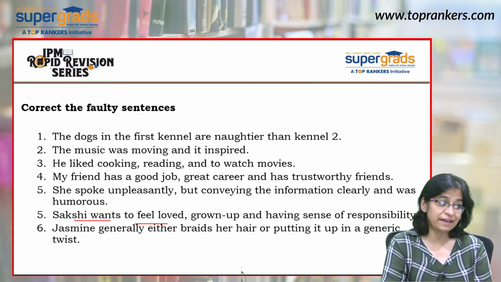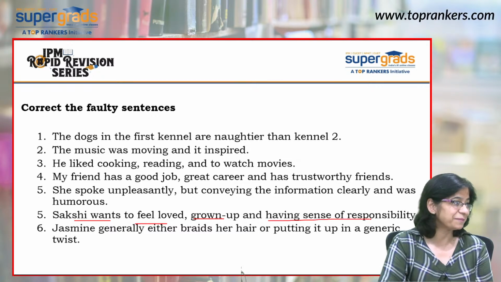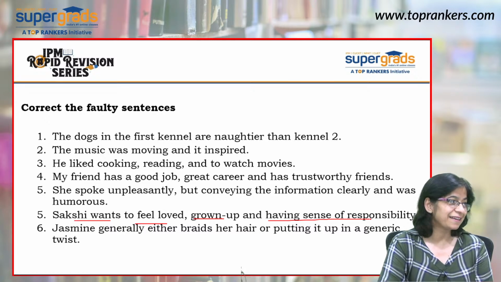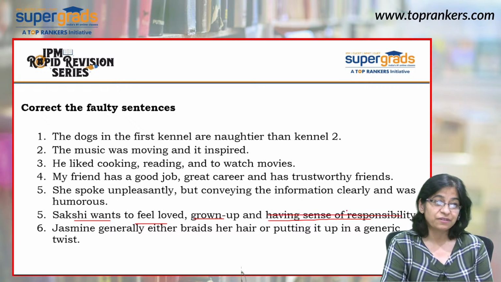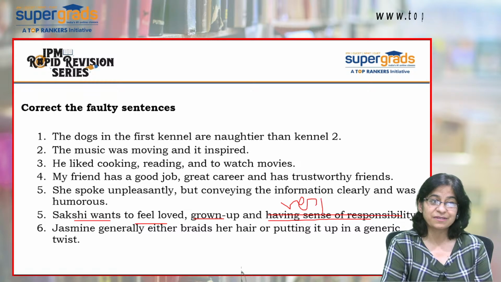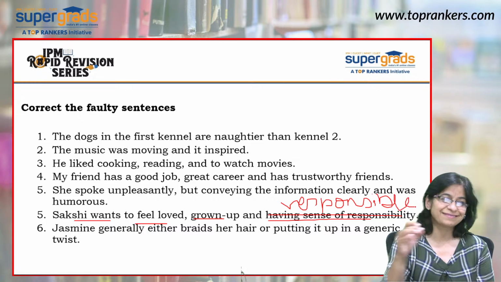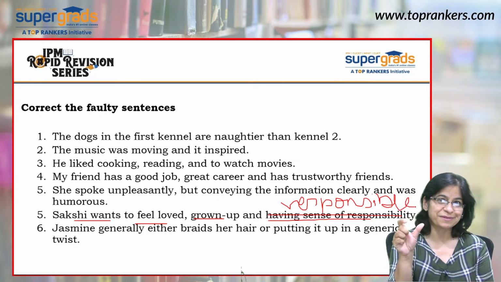She wants to feel loved, grown up, have sense of responsibility. What structure do you think we need here? Don't you think we need another adjective here? See, this one would be she wants to feel loved, grown up, and responsible. Parallel structure. Loved, grown up, responsible.